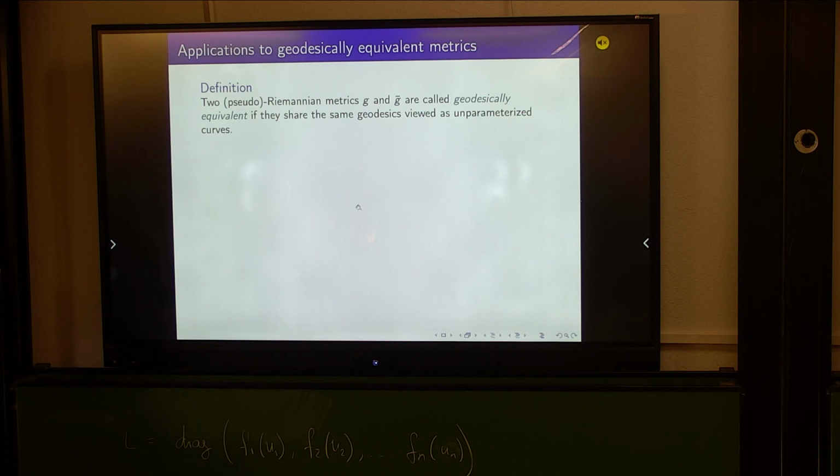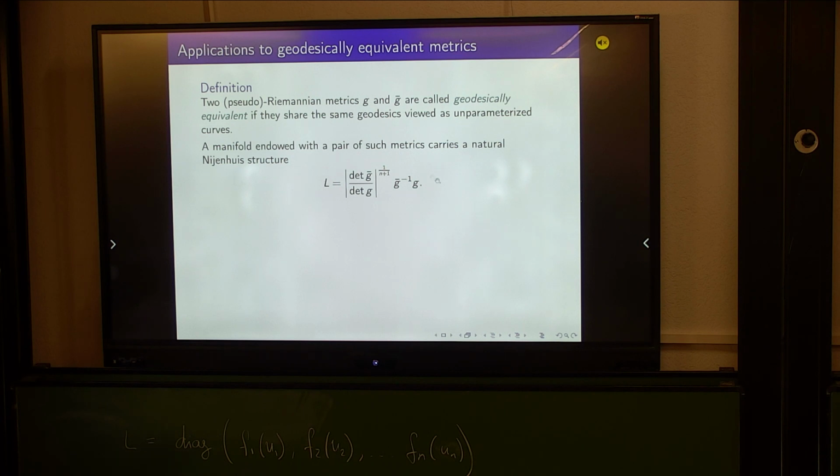So they have the same geodesics, and the Nijenhuis operator, if you have two forms, then you can hook up an operator out of them. But in this case, this needs to be done in this way. So if you consider what's written here, it's the same as to say that if I have an inner product, any other inner product is defined by means of self-adjoint operators.